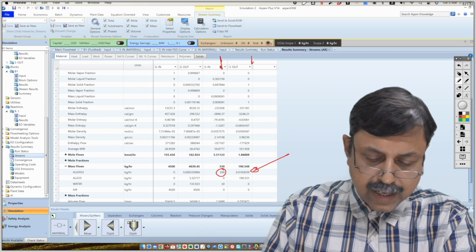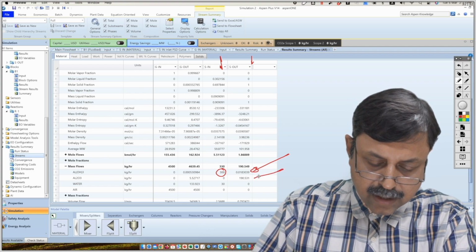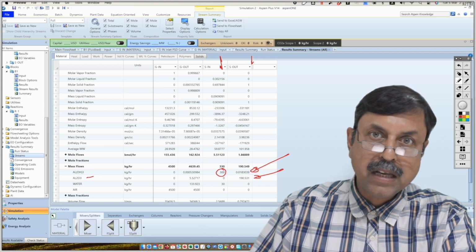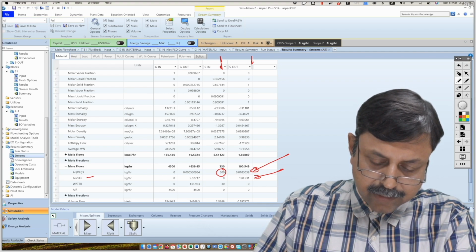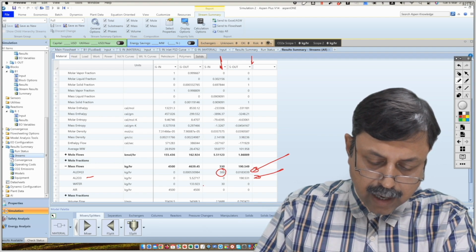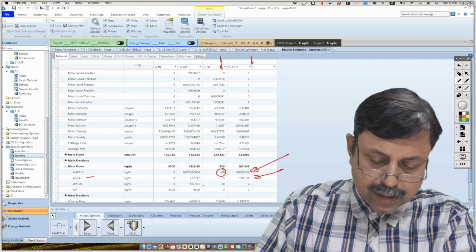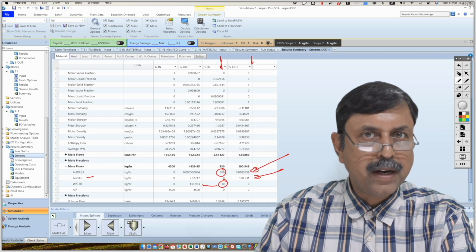The entire aluminium hydroxide has been converted into aluminium oxide, and some portion has come into water. You can see over here. Earlier it was only 30 kg of water that was being dried up and going to the gas phase outlet.